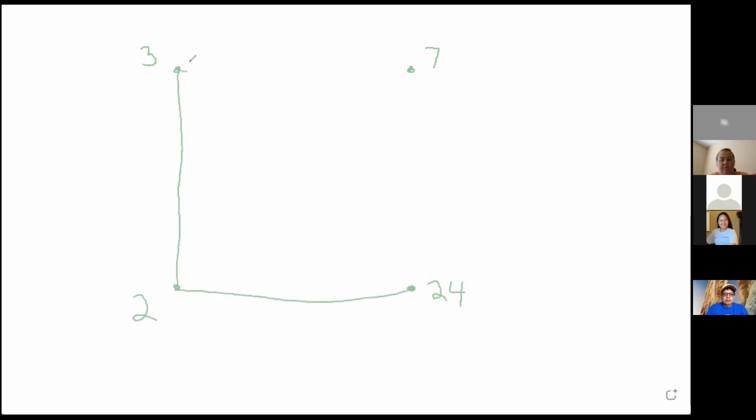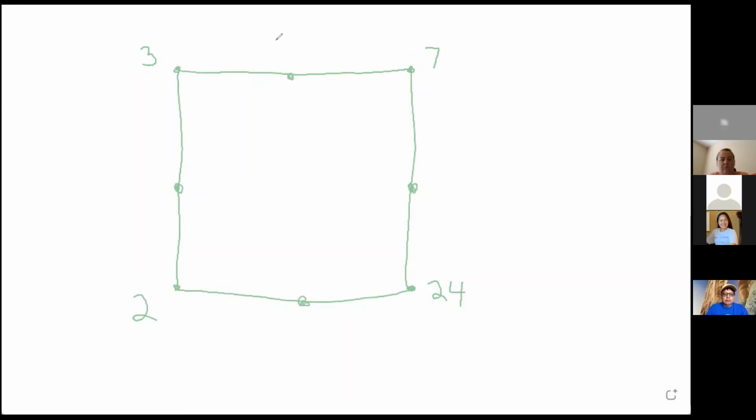Sorry, I'm drawing with my mouse, so not going to be great drawing. Okay, I need for you all to subtract the numbers at the corners and give me the positive result. So I want you to subtract 3 and 2, 2 and 24, 7 and 24, and 7 and 3.